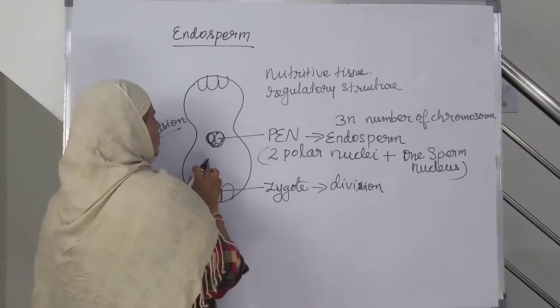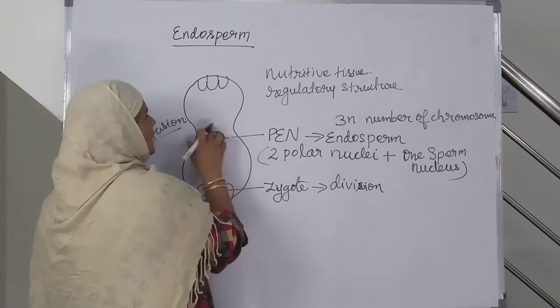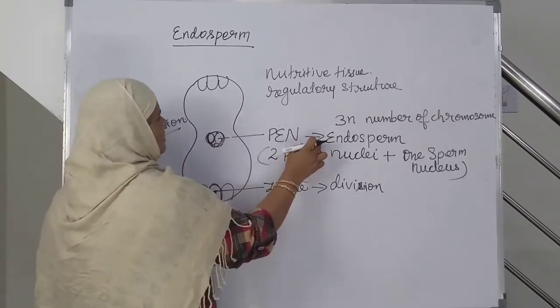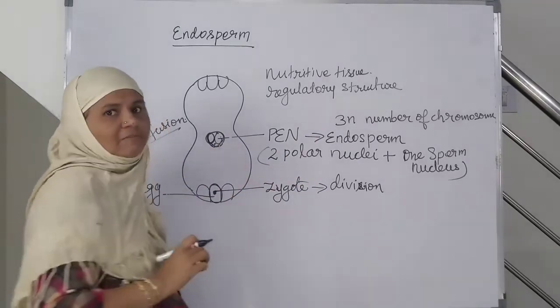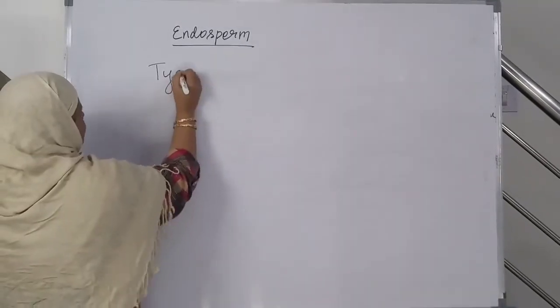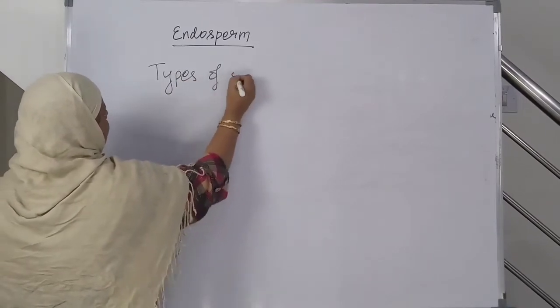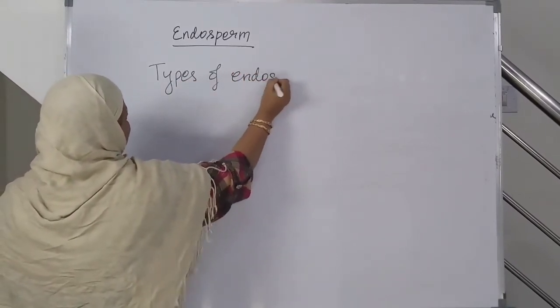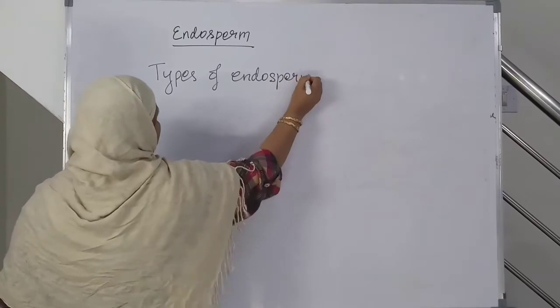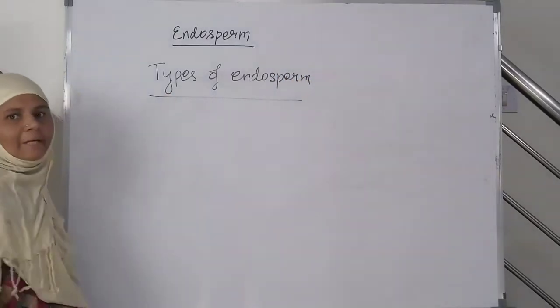According to the mode of development, there are three types of endosperms in the angiosperms that we are going to see now. Types of endosperm. According to the development, there are three types of endosperms.